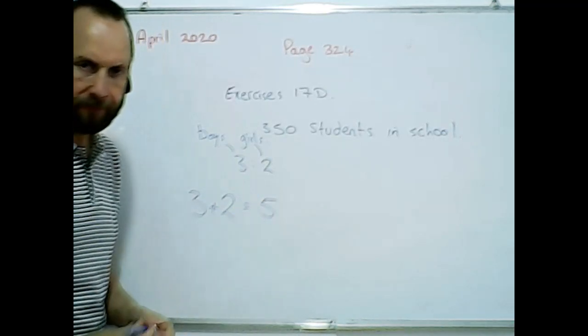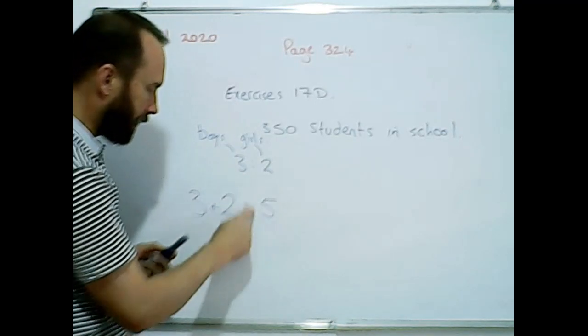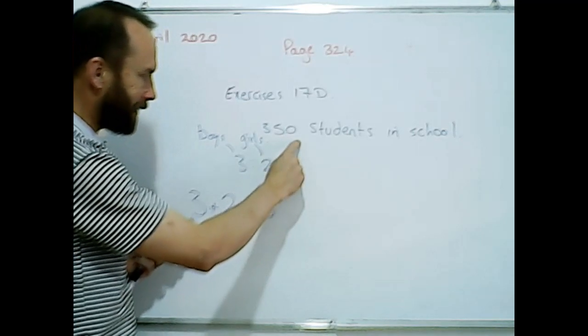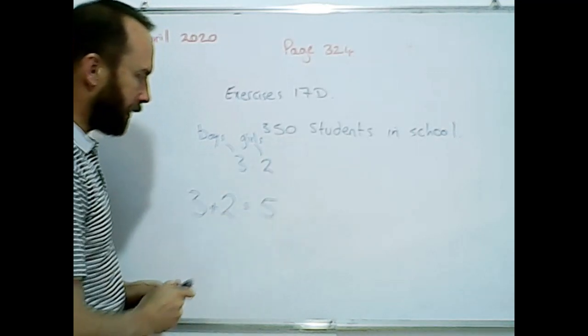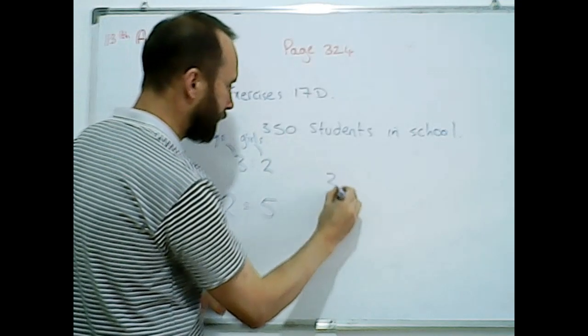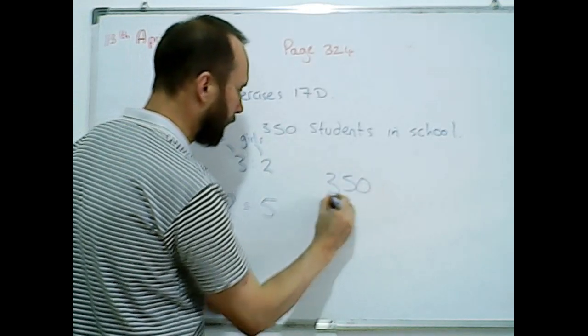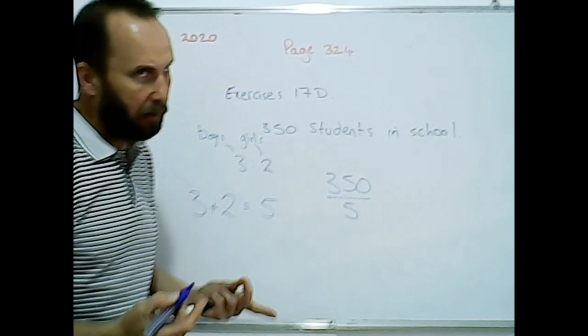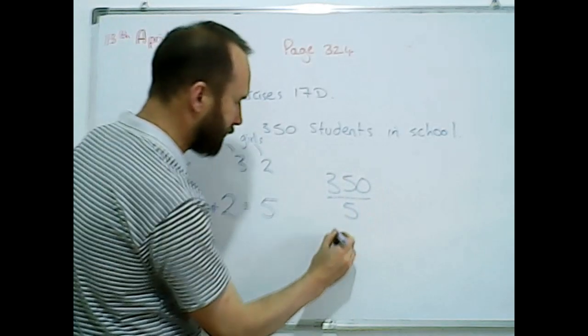Then the number that we've added together, we divide the total by this number. So we've got 350 divided by 5. 350 divided by 5? Think. 70.